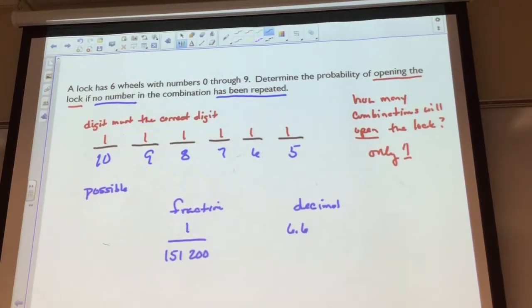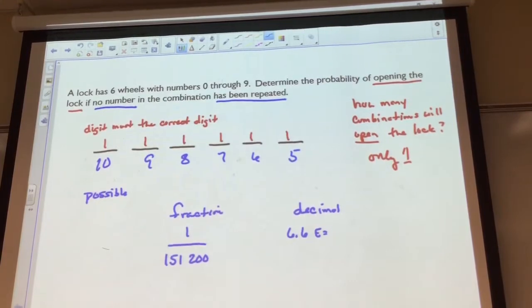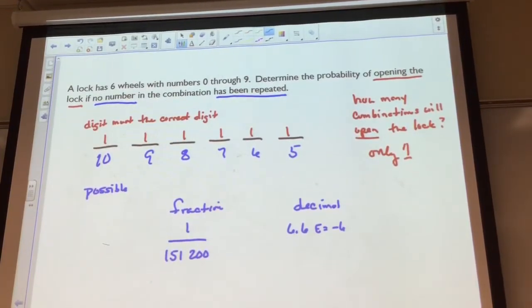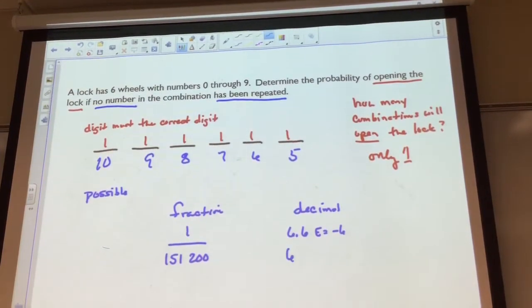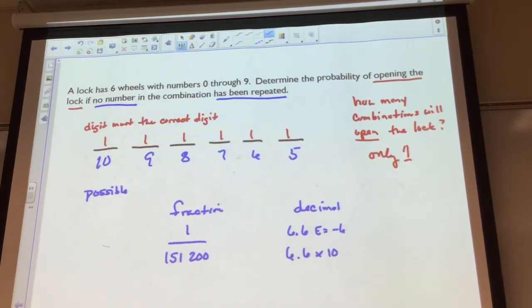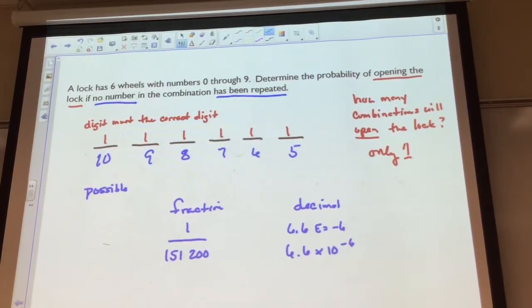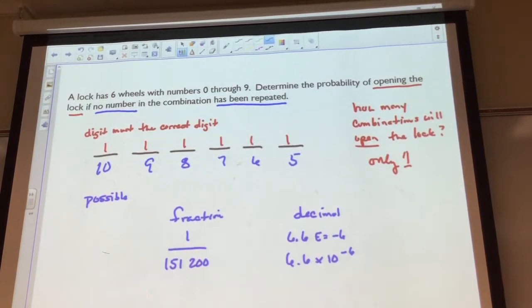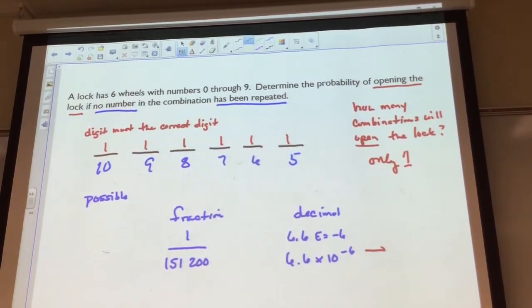6.6 with a bunch of decimal places, e negative 6. 6.6 times 10 to the negative 6th. And if they want a decimal value, what does this tell us?